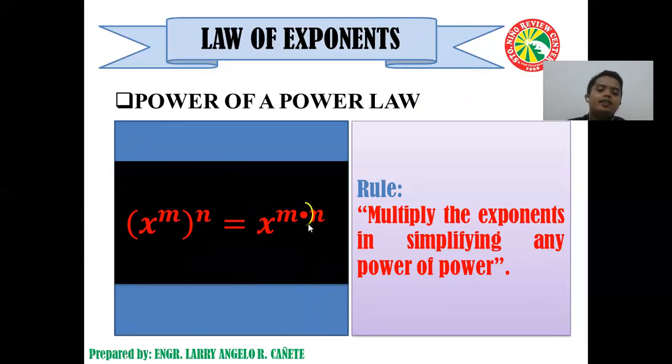The dot here means, again, times. So you copy the base, x here, and then you multiply the exponents, m times n. So multiply, or times. Do not forget that. Do not add.